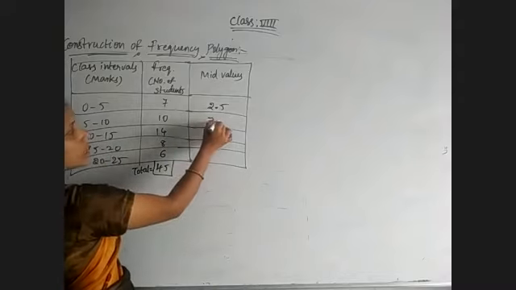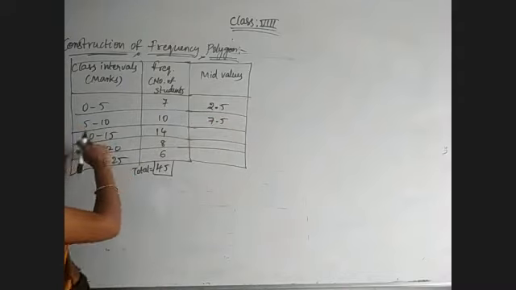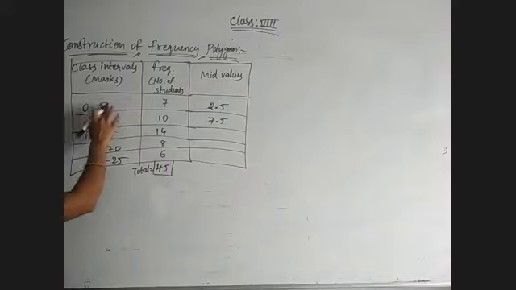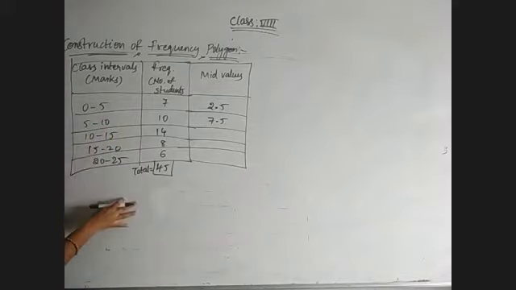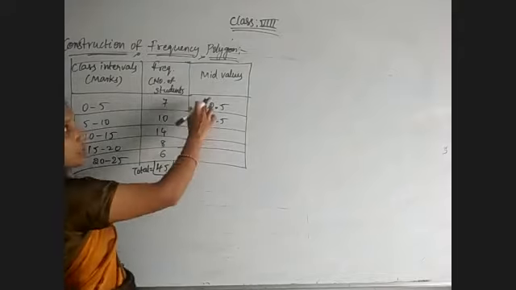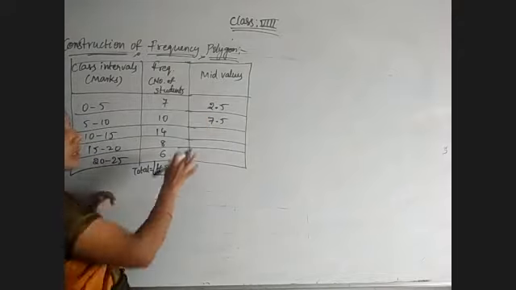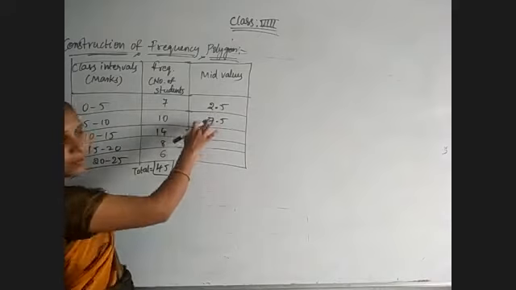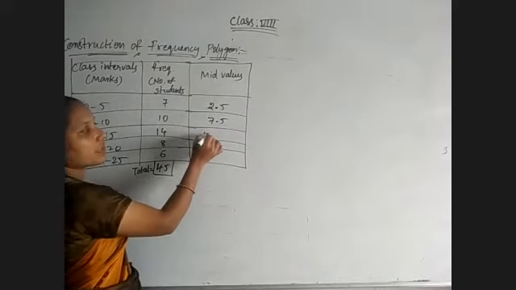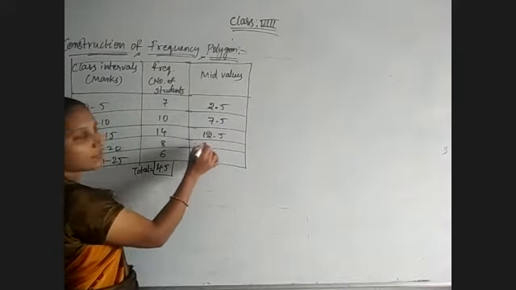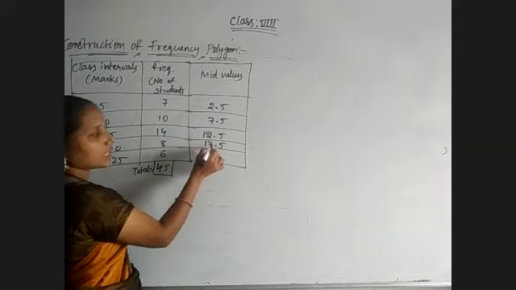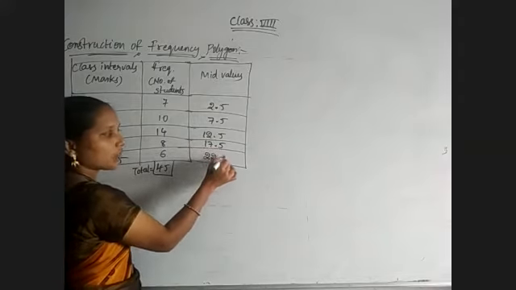What is the class length? Observe: 5 minus 0 is 5, 10 minus 5 is 5, 15 minus 10 is 5. So class size is 5 only. The difference between mid values is also 5. So 2.5 plus 5 is 7.5, 7.5 plus 5 is 12.5, 12.5 plus 5 is 17.5, 17.5 plus 5 is 22.5.